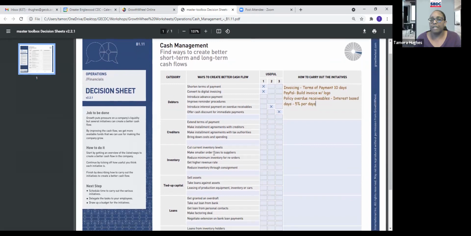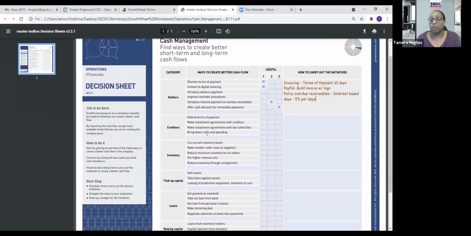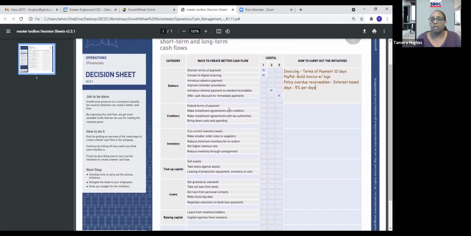And then you can use the worksheet for creditors. These are to make installment agreements with your creditors, and extend your terms of payment with your creditors, people that you owe as a company.